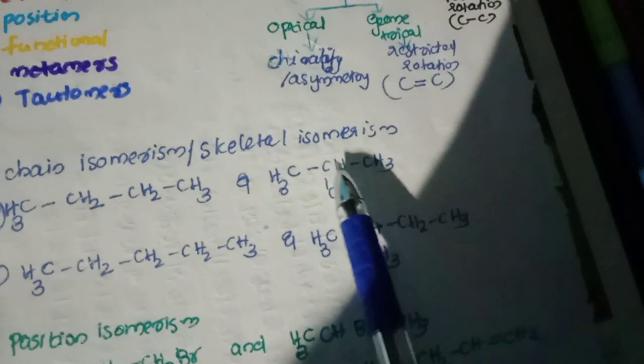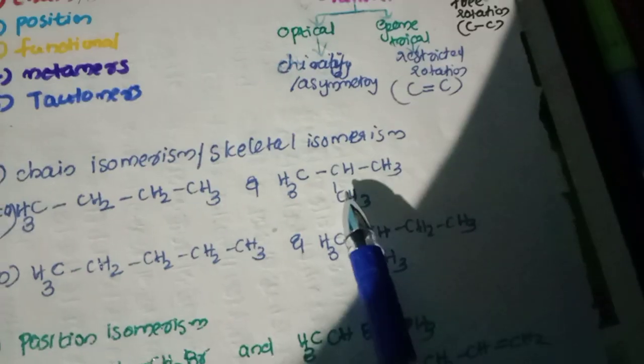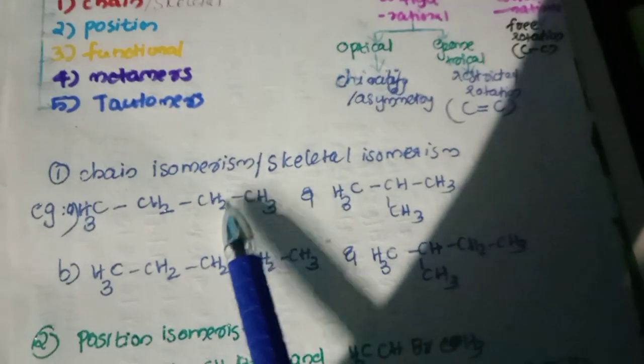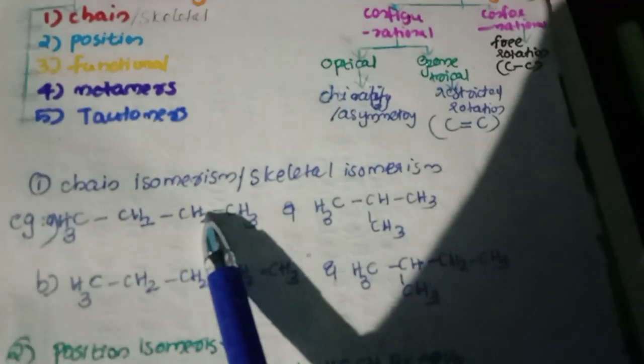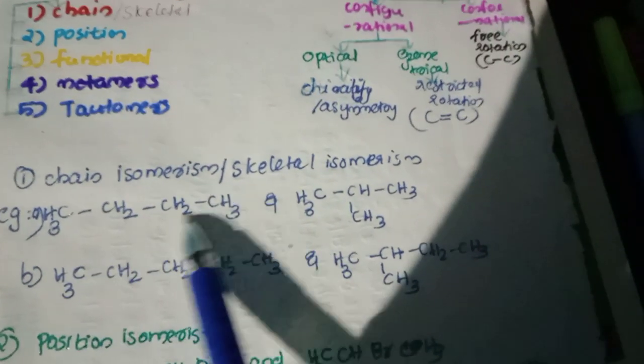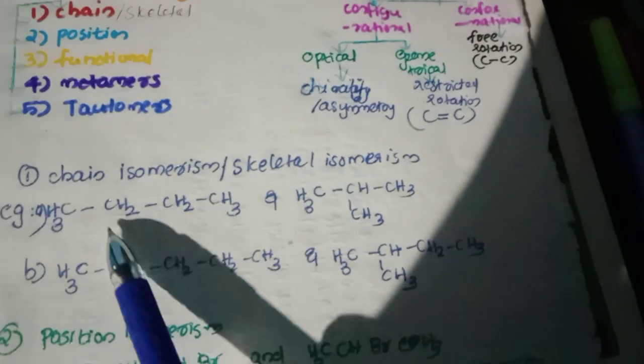So 2-methyl propane and butane are chain isomers, which differ due to the chain structure or skeletal structure of carbon bonds.